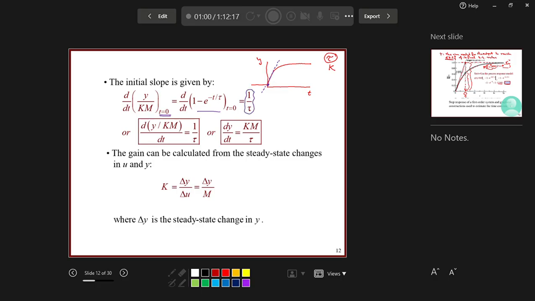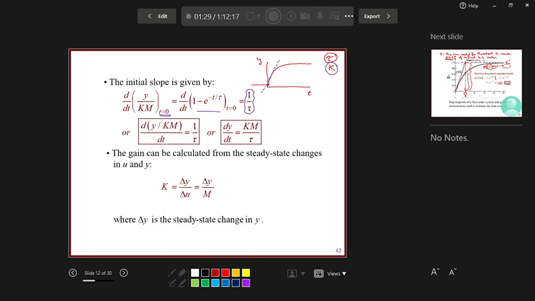That means that if I want to get the value of tau, all I need to do is to differentiate the reaction curve at time equal to 0. And if I consider the derivative of y, not y over KM, then the output will be KM over tau. Now this is the time constant. The gain of the process can be calculated from its definition.